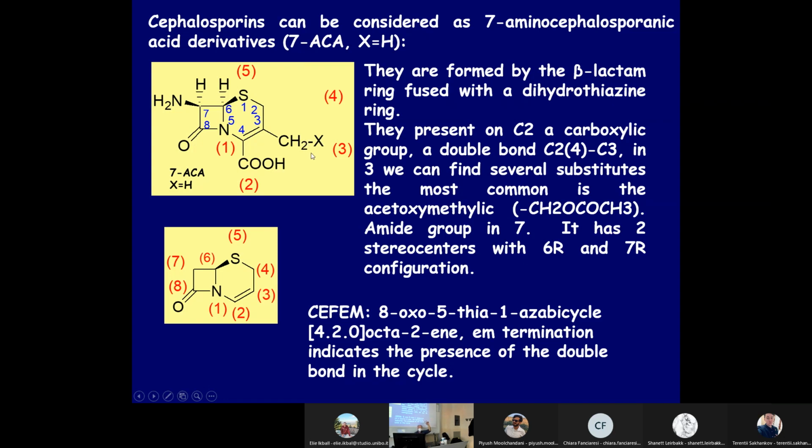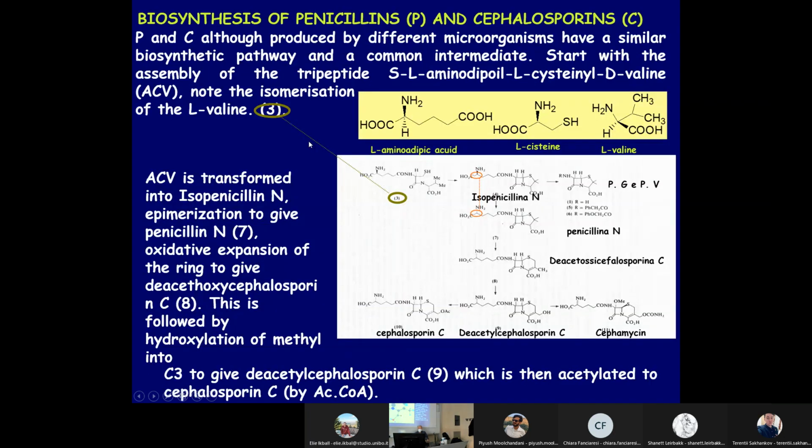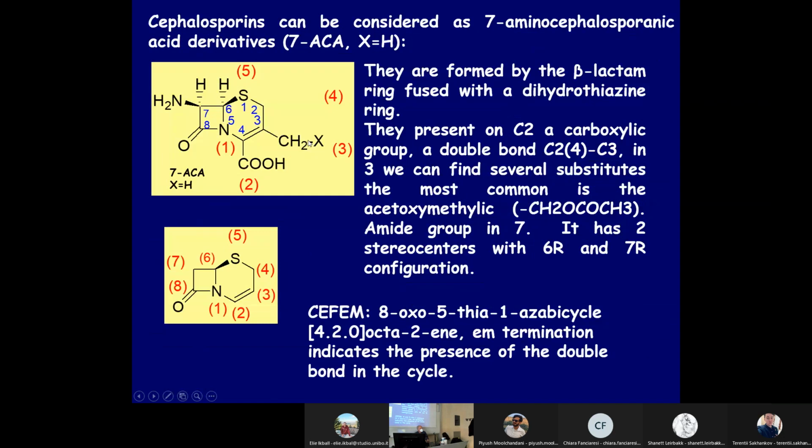We'll see this important point later when we describe the chemical structure of cephalosporins, the importance of the leaving group to increase the reactivity of this type of system.